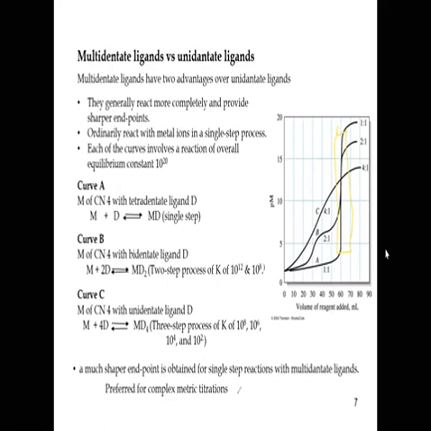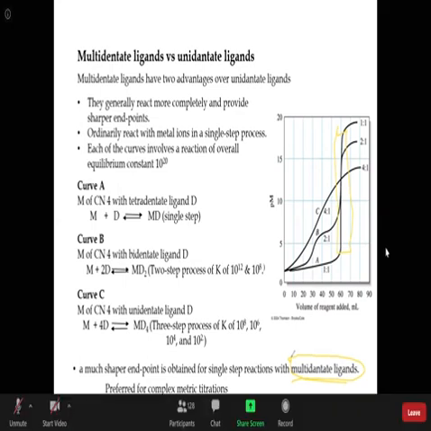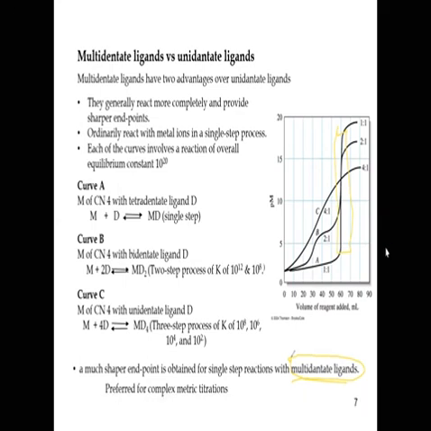So our choice is multidentate ligands. Choice for what? For the titration of metal ions, or for use in complexometric titration, right?